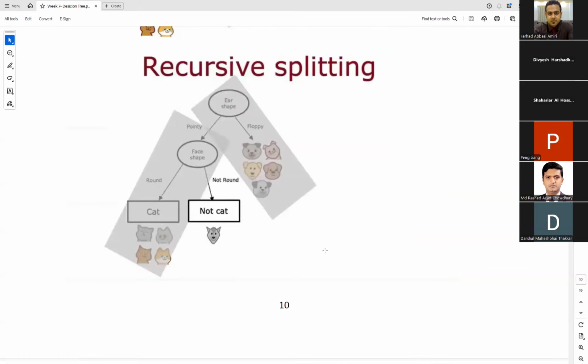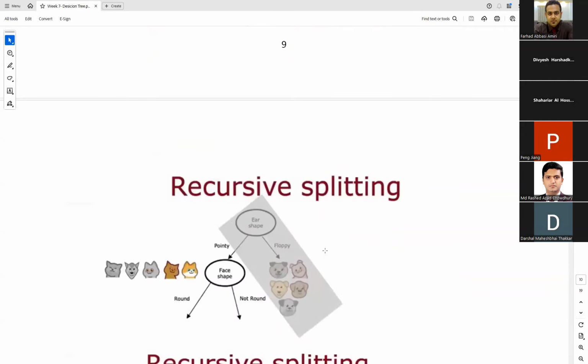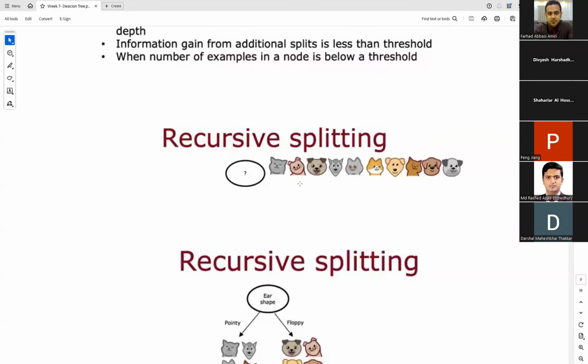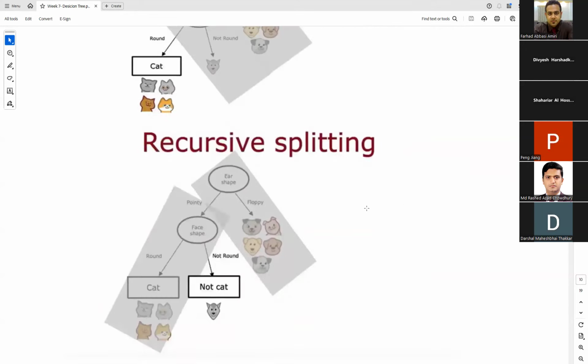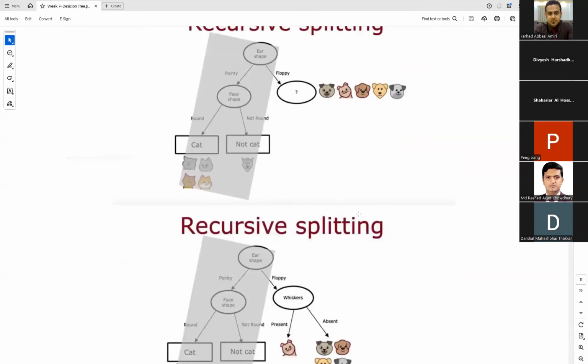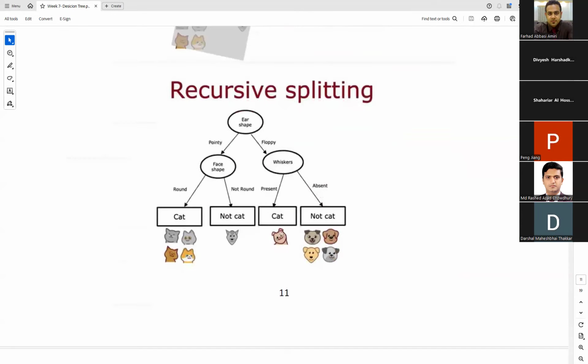At first, you had 10 animals that you didn't know which classes they should belong to, cat or not cat. So right now, at the end of the decision tree, you see that all animals exist in their own classes.